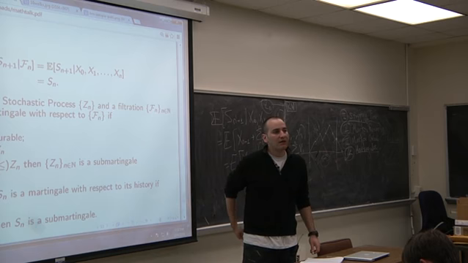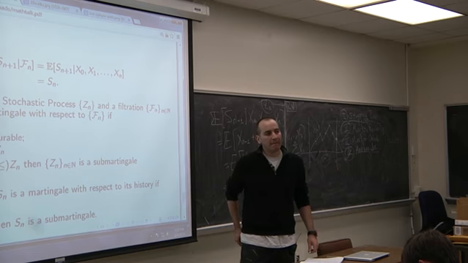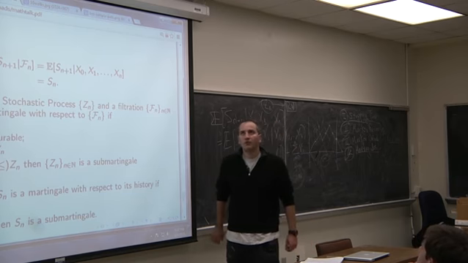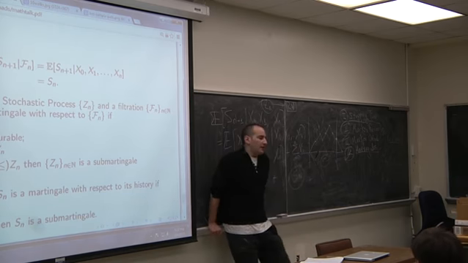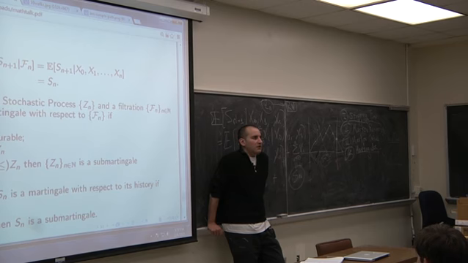So if you take the set of all submartingales, supermartingales and martingales, is that more specific than just saying it's a Markov process? I don't need to have a Markov process to have a martingale.